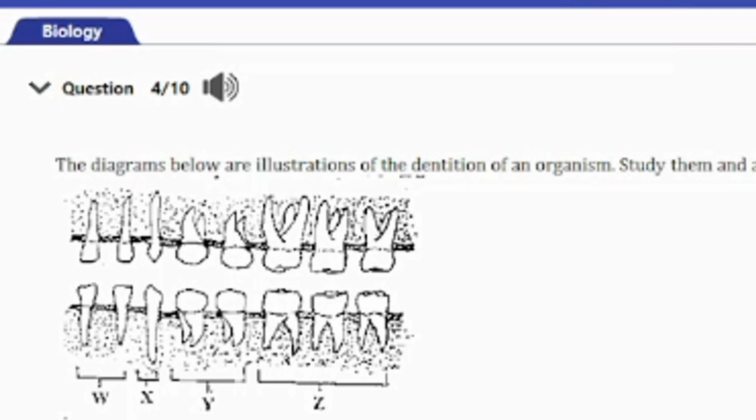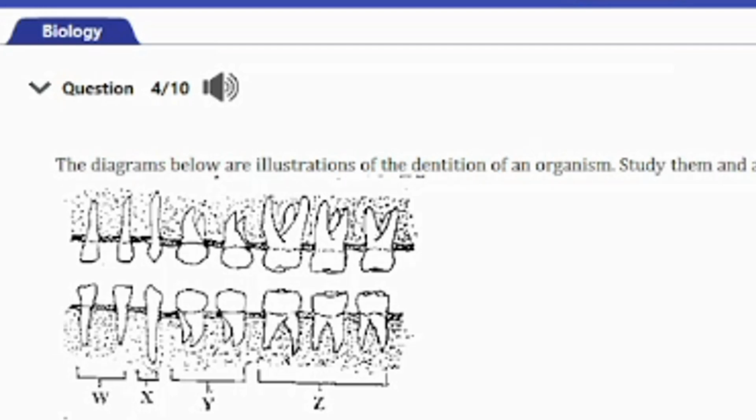Question number 4. It says, the diagrams below are illustrations of the dentition of an organism. Study them and answer this question. Here we have W, X, Y, Z. The question says the function of the teeth labeled X is for A, chewing and grinding, B, tearing and grasping, C, chewing and tearing, D, biting and grasping.